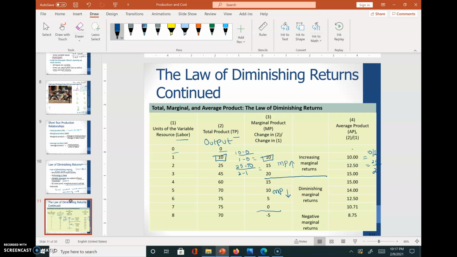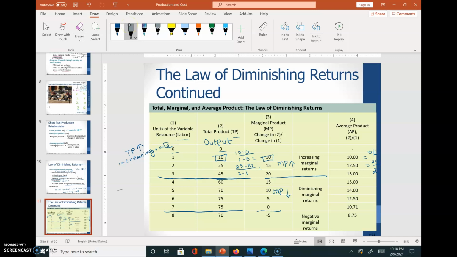So something to note here, as you can see here, the total product keeps increasing except for worker number 8. So when the total product keeps increasing at an increasing rate, from here the marginal product is increasing.